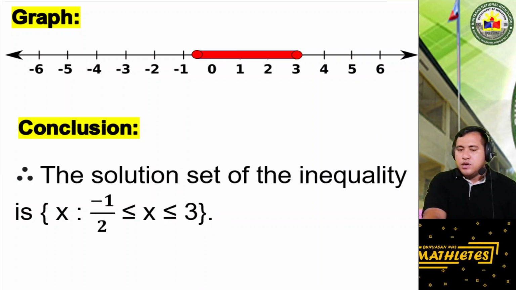So the value of x goes from negative 1 half up to positive 3, as seen in our graph.